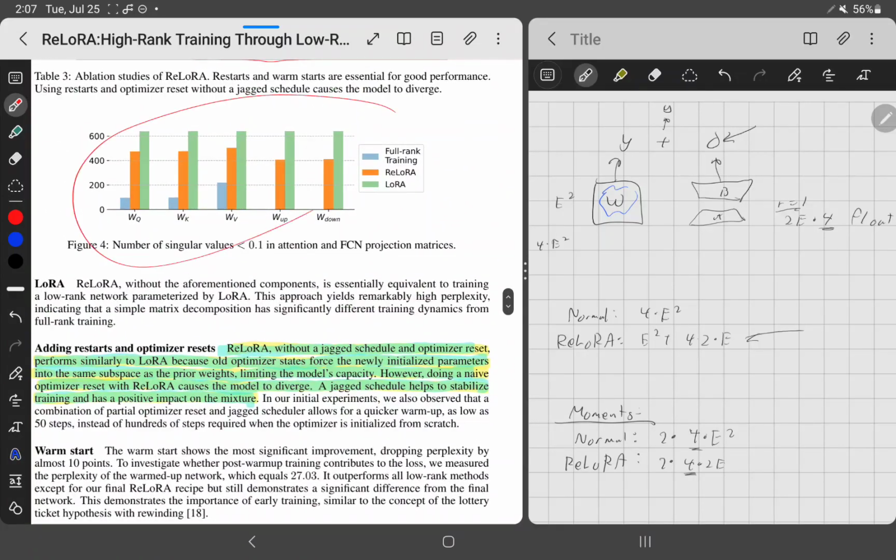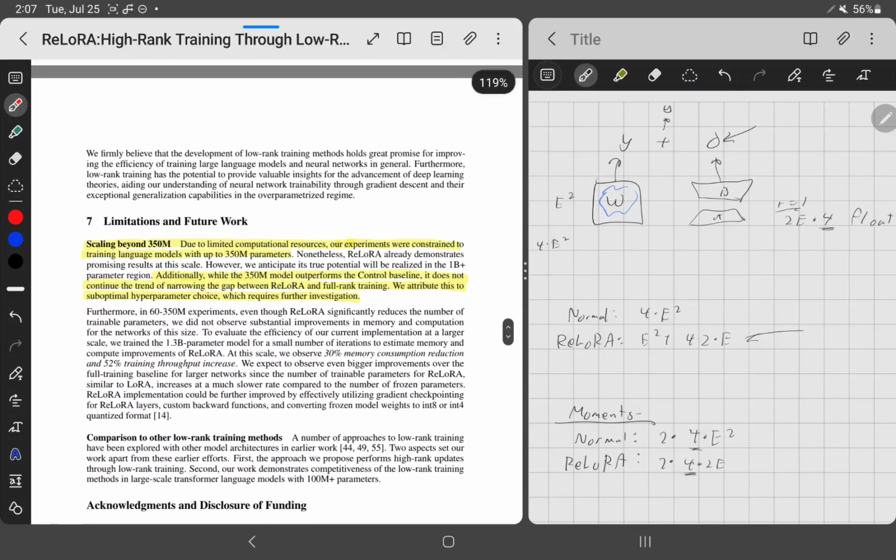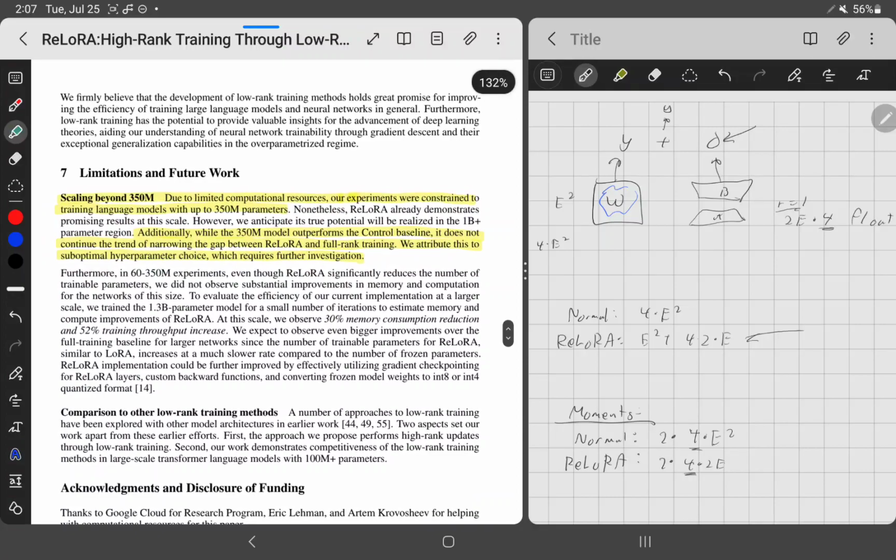And yeah, this is also saying the singular value. And this part right here is an important note. Scaling beyond 350 million: due to limited computation resources, they don't train beyond 350 million parameters. But while it does outperform the control baseline, the trend does not increase. So we attribute suboptimal hyperparameter choice, which requires further investigation.